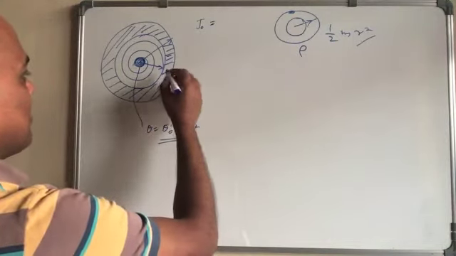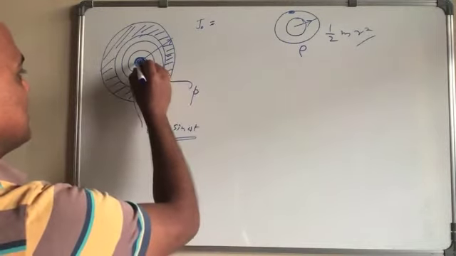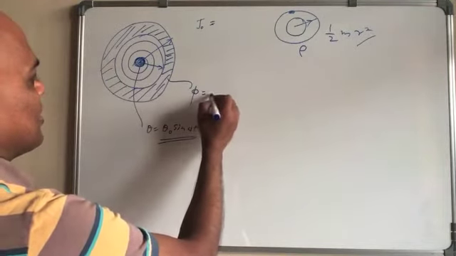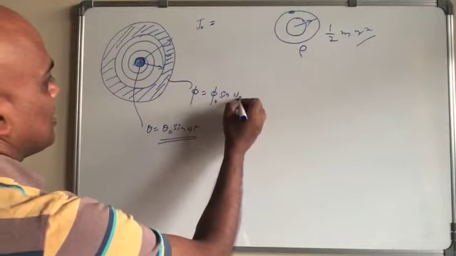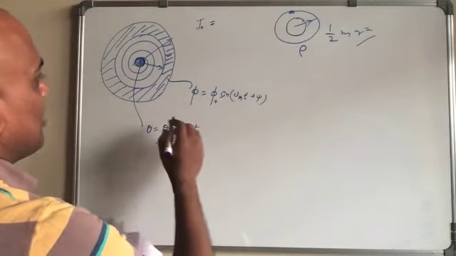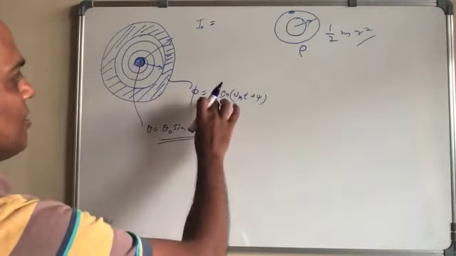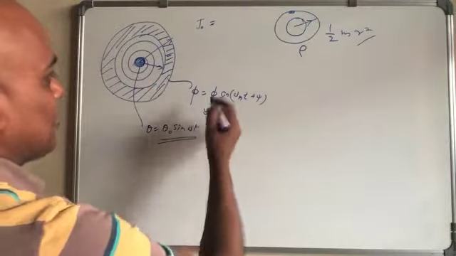Let us say this is phi. When it moves by theta, it moves phi. So phi will also be some sort of phi naught sine omega n t plus or minus phi. So we have to find out the phi naught, or the maximum displacement it goes to either side.